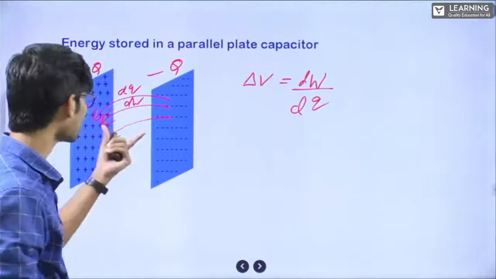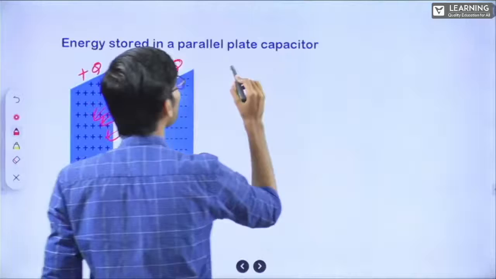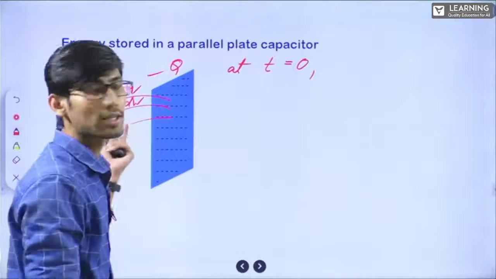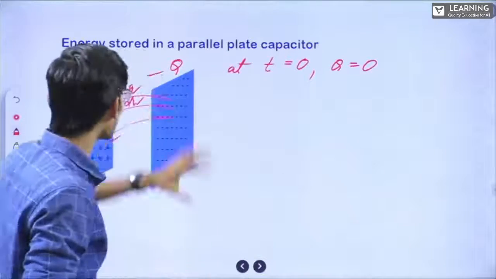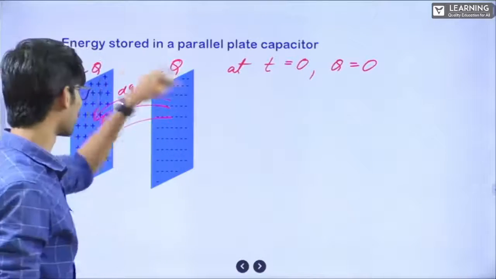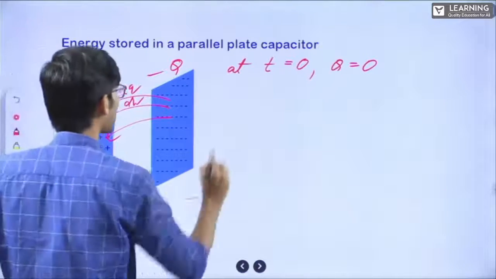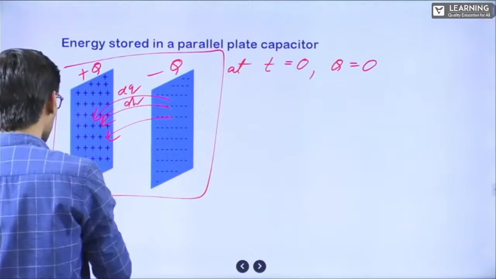Now, at t is equal to 0, how much was the charge on each plate? 0. Overall, if you see, the charge is 0 only. Plus Q minus Q. After t is equal to infinity also, if I make this as one system, the charge is plus Q minus Q, 0 only, right? But we don't see that way.